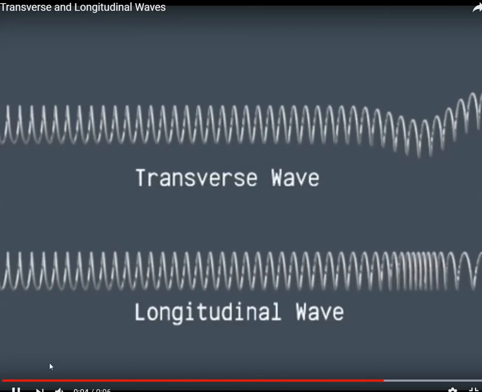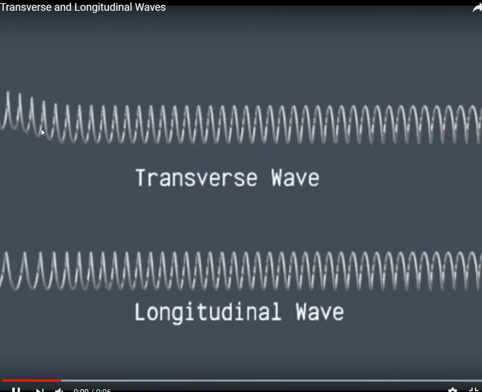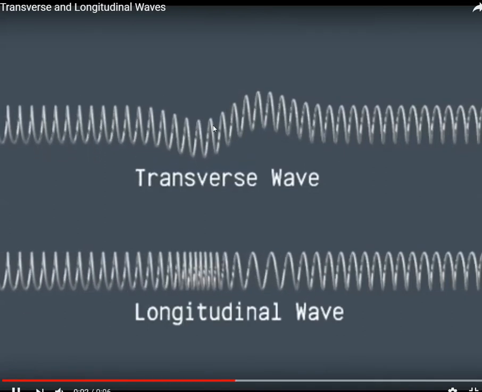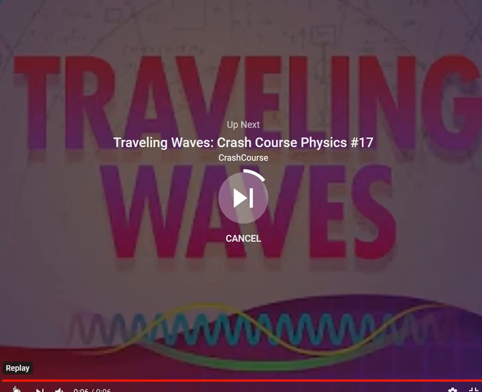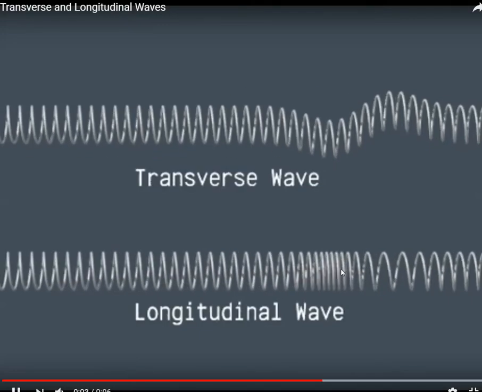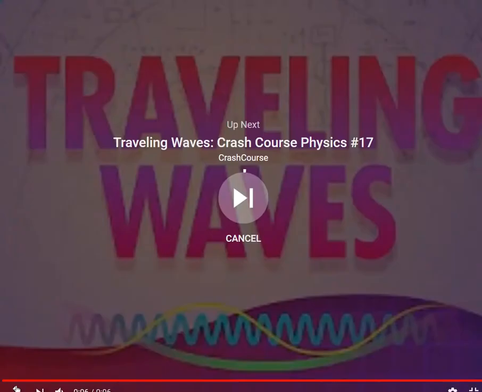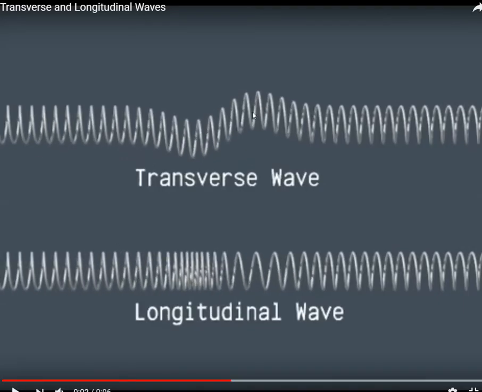Just as a reminder, the displacement for a transverse wave is only in the perpendicular direction to the motion, whereas for the longitudinal wave, if you were to tie a little string on this, then you would see that the string only moves back and forth, and the wave is also moving back and forth. So this is a difference between a transverse and a longitudinal wave.